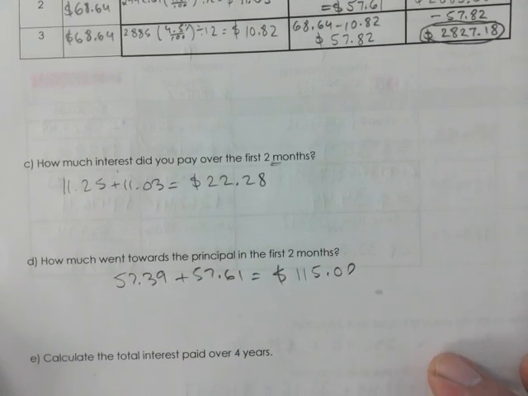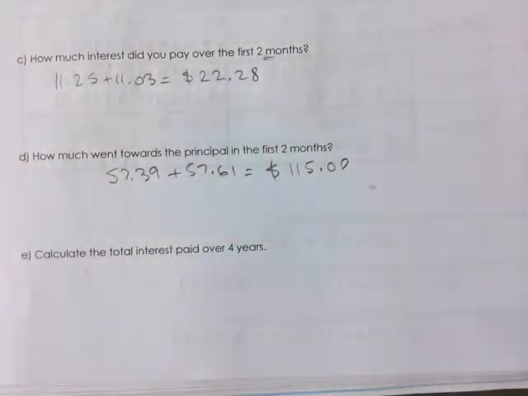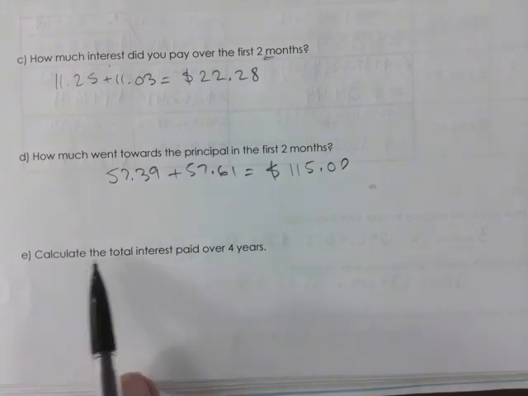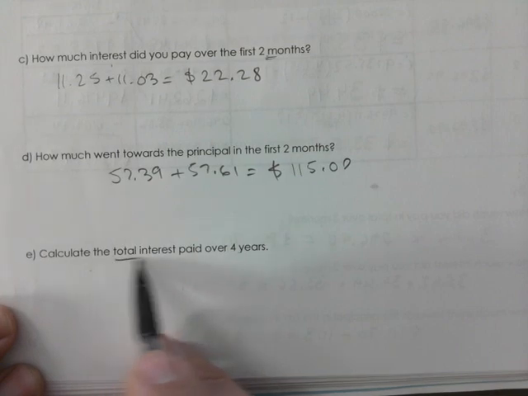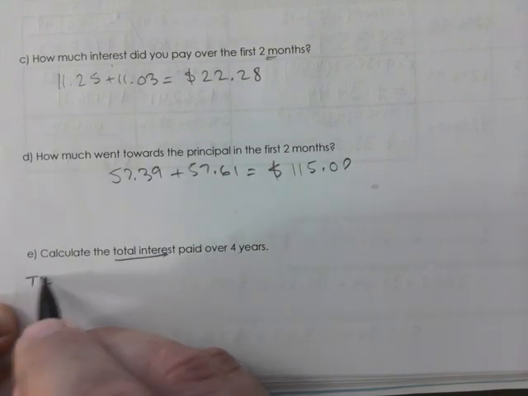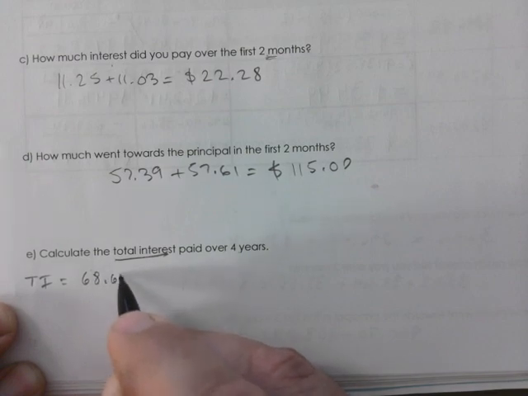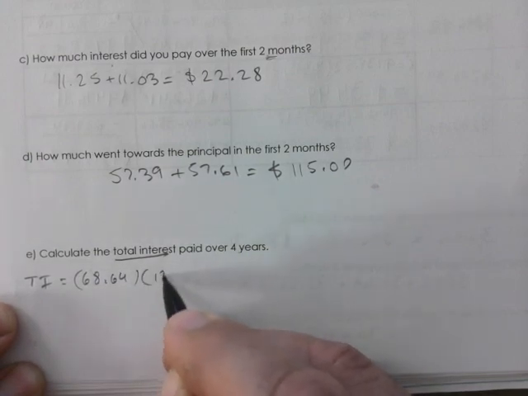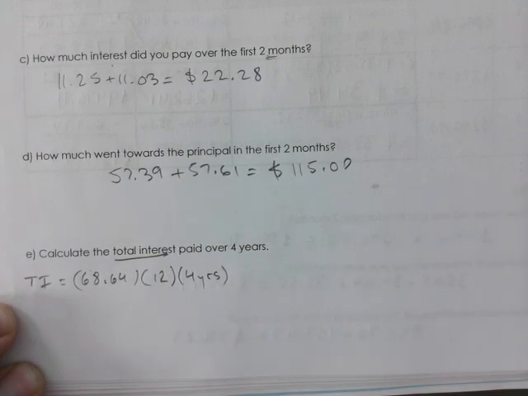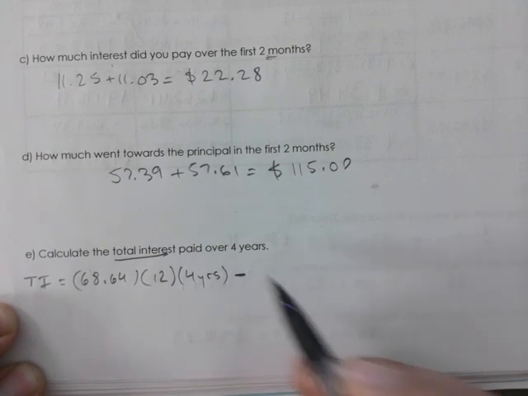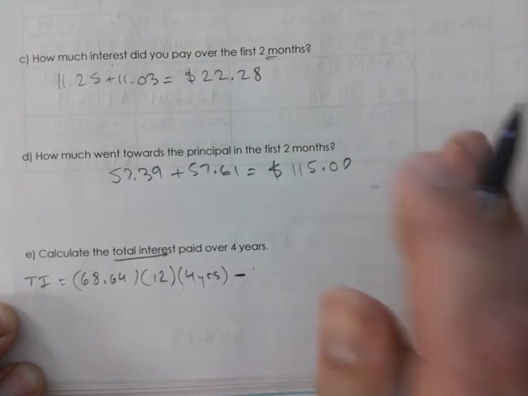And a blast from the past. Watch this one here. You may not know how to do this, but I'll tell you. Calculate the total interest paid over 4 years. Oh, total interest, isn't that TI? You were right. TI is payment times 12 times 4 years in this case, minus, what's my loan? Go all the way up there.